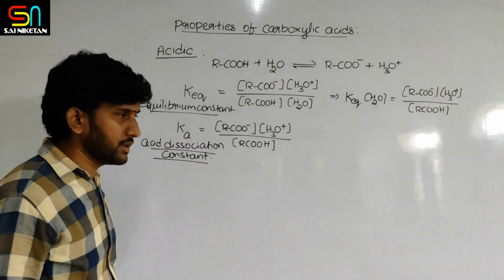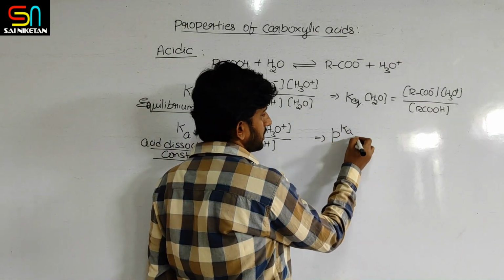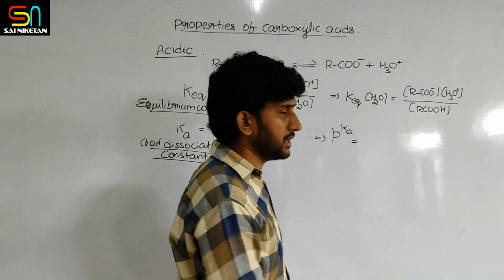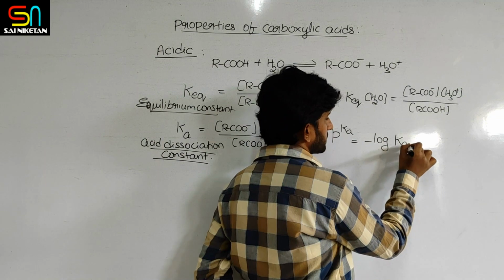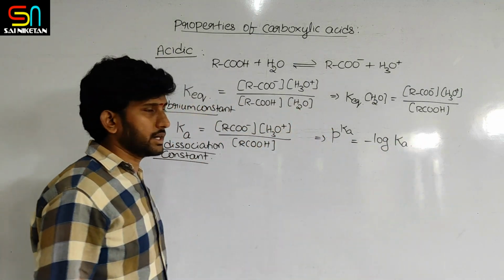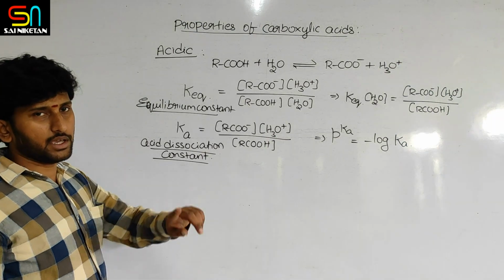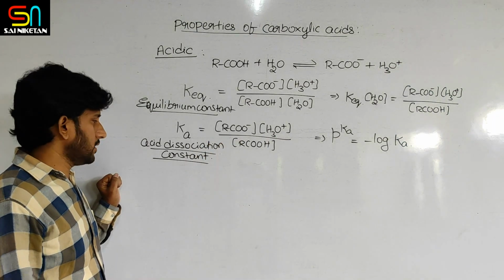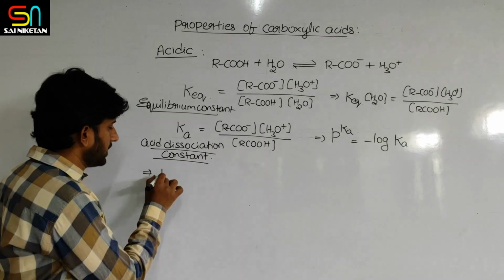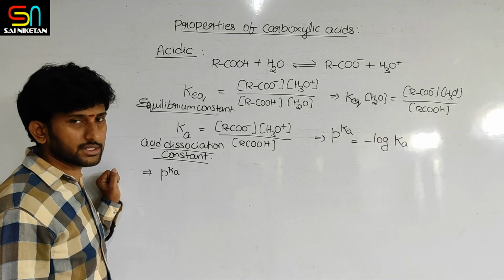That is Ka. And we also know that there is another term called pKa. What is pKa? Negative log of Ka. Ka and pKa are inversely related. And you should remember how pKa values relate to acidic strength.